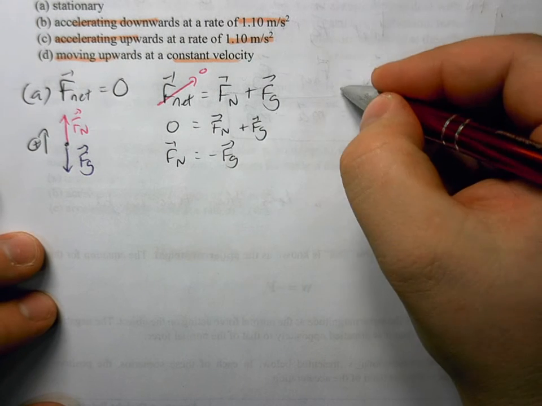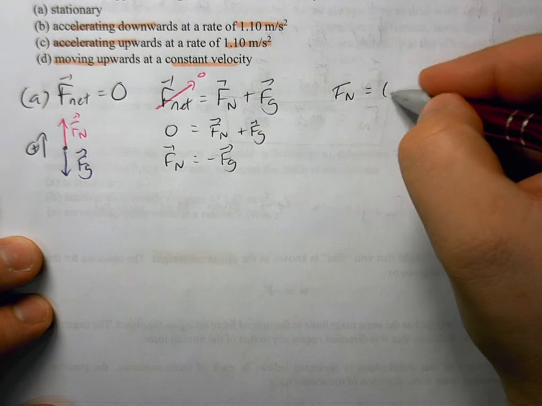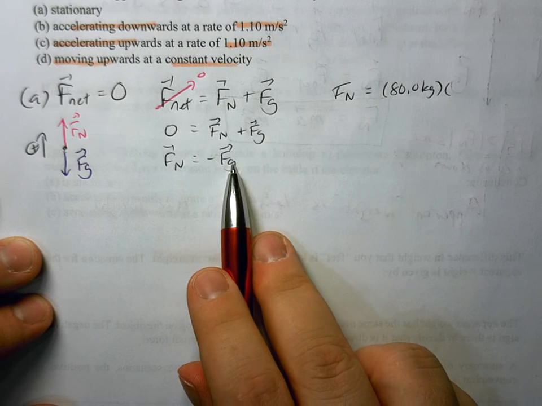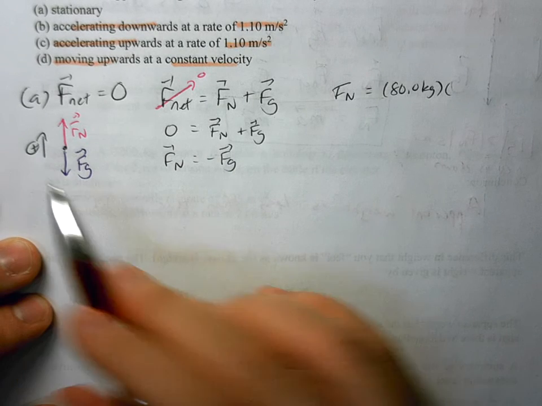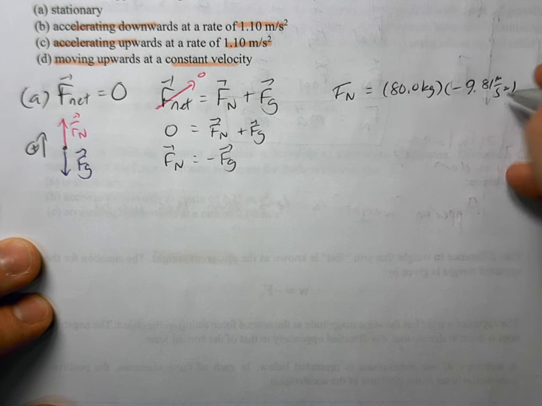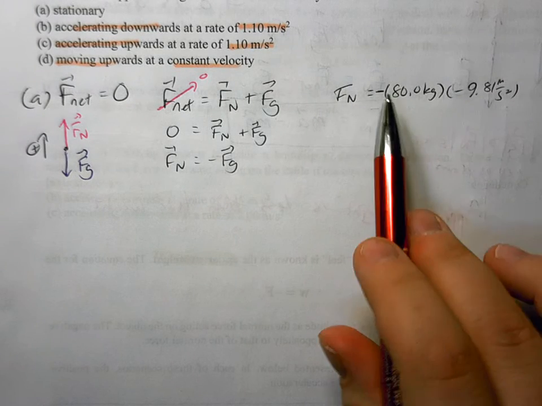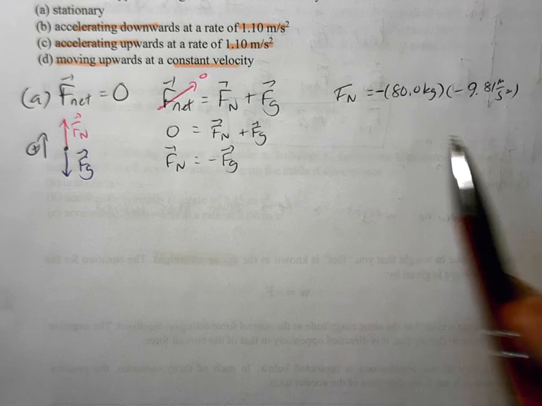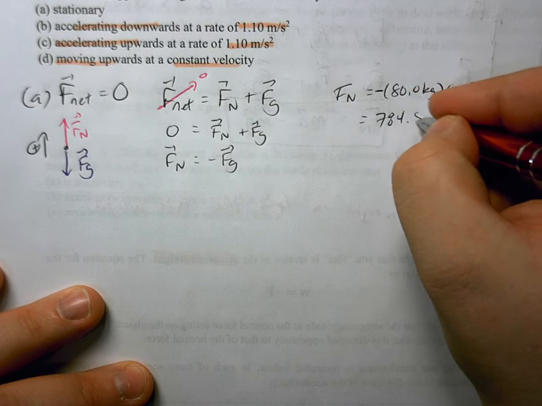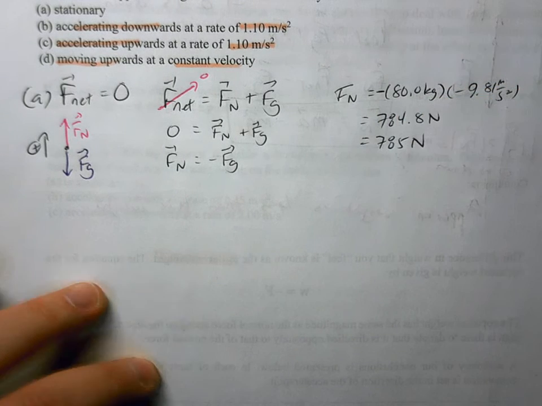So to calculate this, Fn is going to be this person's mass, which we have as 80 kilos, and then g going down against my positive convention, I have to put in as negative 9.81 meters per second squared. So I get negative 80 times 9.81. This is going to give me about 784.8 newtons, or for sig dig purposes, about 785 newtons.